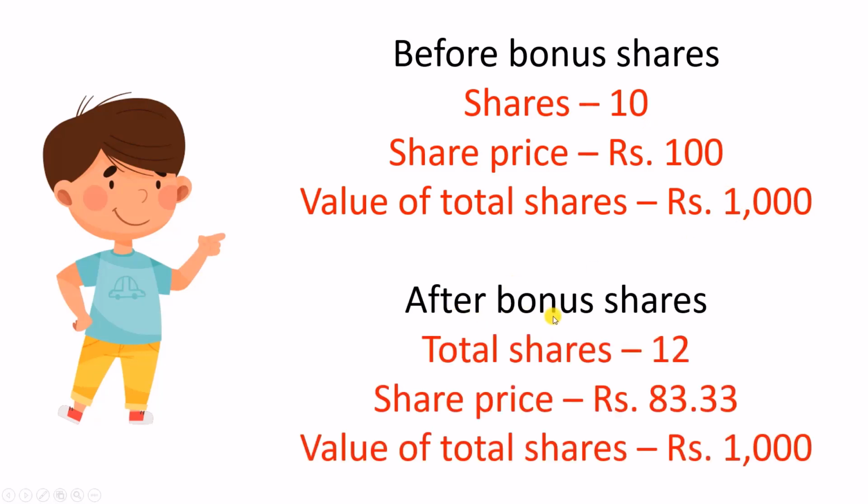After the announcement of bonus shares, after bonus share allocation, you had 12 shares. Share price became 83.33, and the value of total shares was 1,000 rupees. How 1,000? 12 into 83.33.